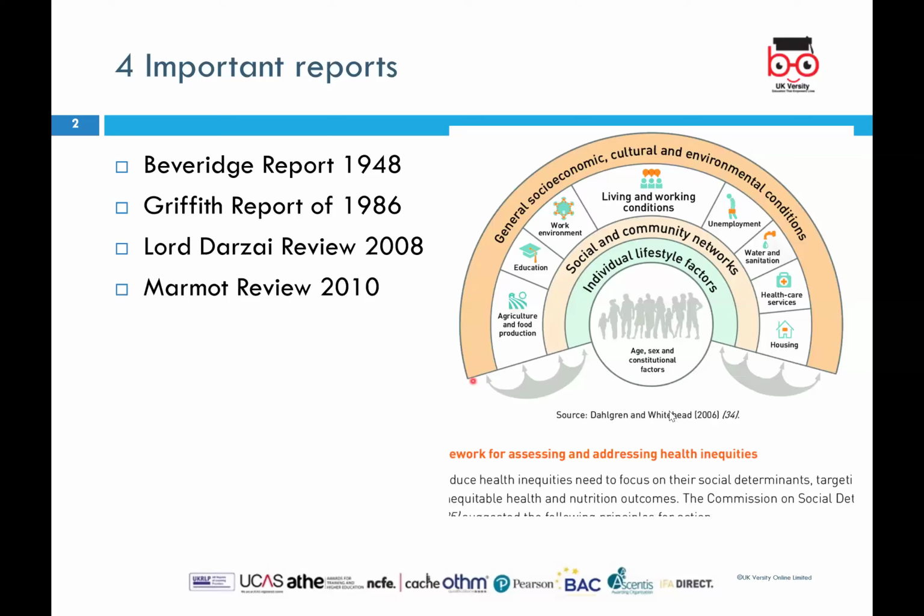They're the Beveridge report, from 1948; the Griffiths report, which came out in 1986; the Lord Darzi report, which came out in 2008; and the Marmot review, which came out in 2010. There are several other reports, but the most important ones with relation to social and community welfare provision are these four.